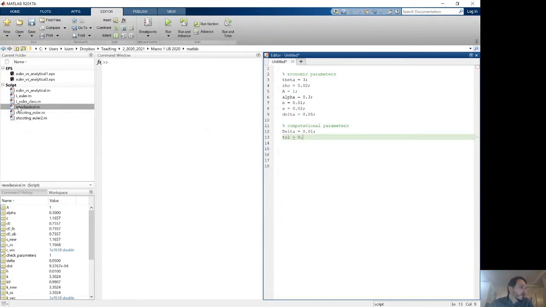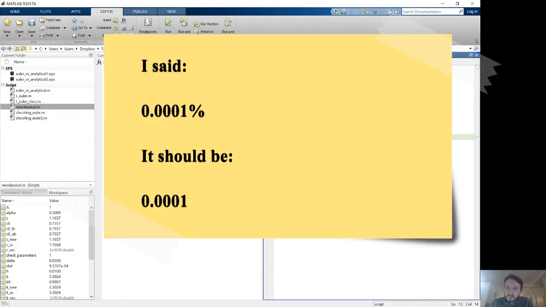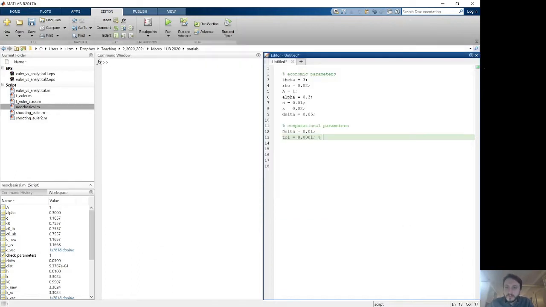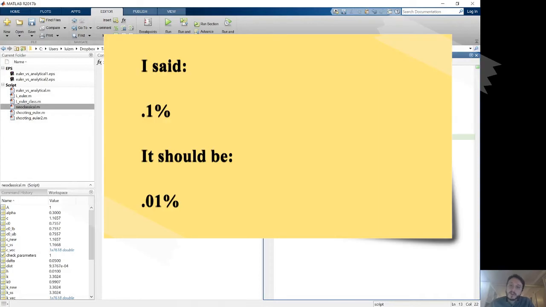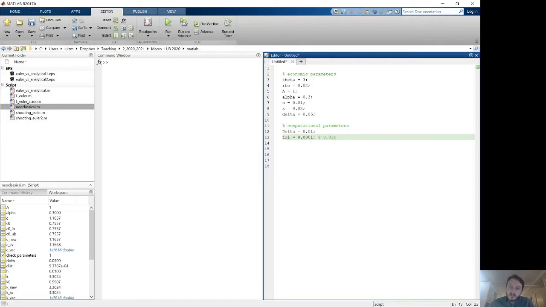The tolerance level that we're going to choose is 0.0001 in fractional terms, which in percentage terms is equal to 0.01%. So we will find a path of capital and consumption such that at some point in time, capital is close to the steady state capital by a margin of error of 0.1%. That's our tolerance level. Okay, same thing for consumption.